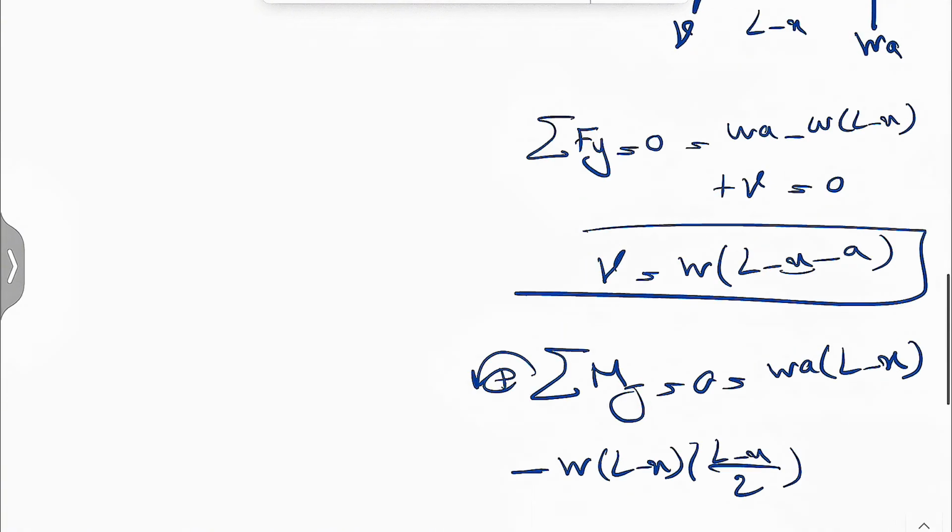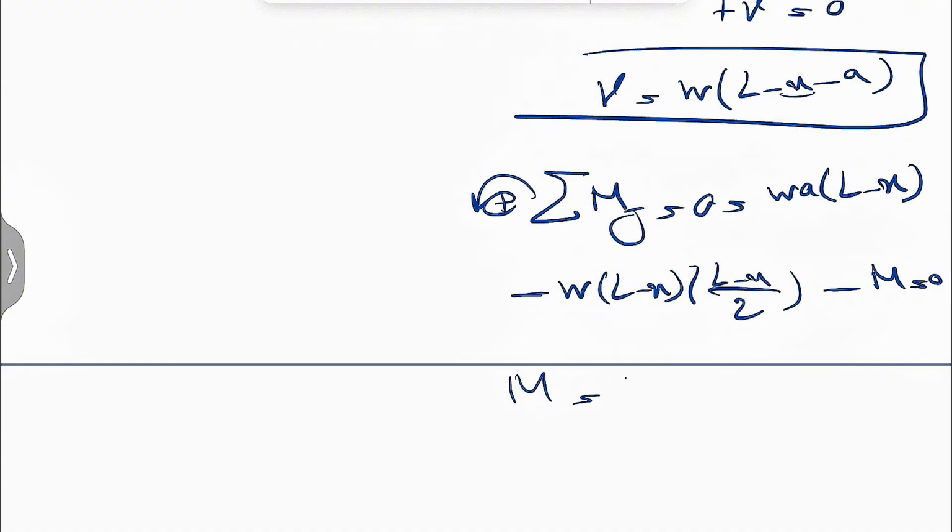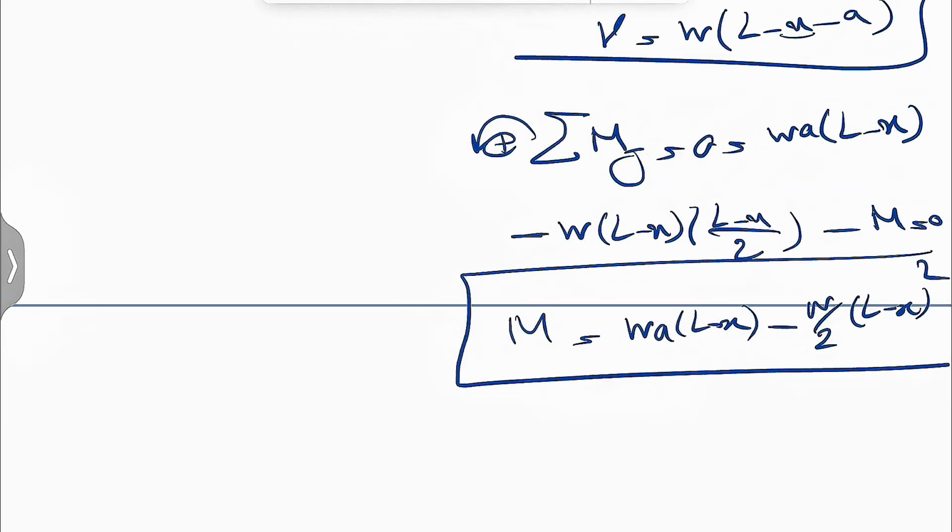And also we have the moment M, which is also negative, equals 0. So if we bring M to the other side, we have M equals WA(L minus X) minus W divided by 2 times (L minus X) to the power of 2. And that's going to be our equation here.